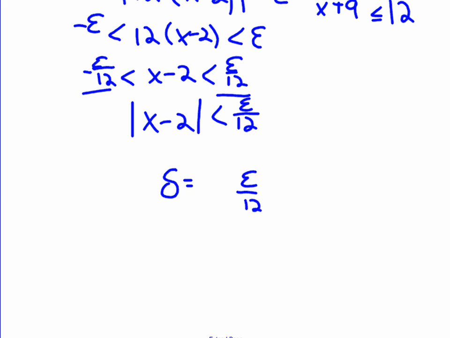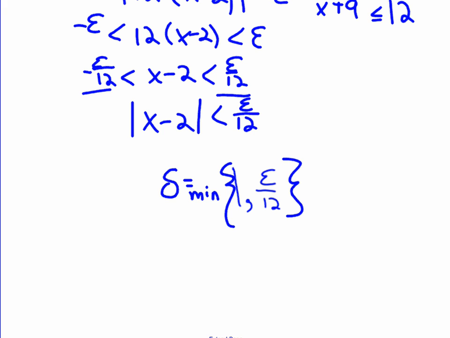We got rid of the x plus 9 by saying, all right, I'm going to limit delta to 1. So delta is going to be the minimum of these guys. So whichever one ends up being smaller, that's the one we're going to pick for our delta.